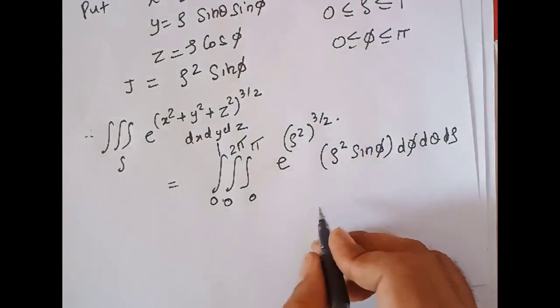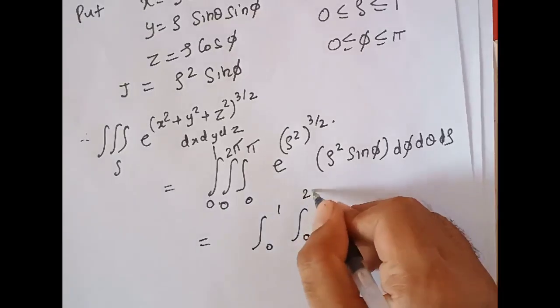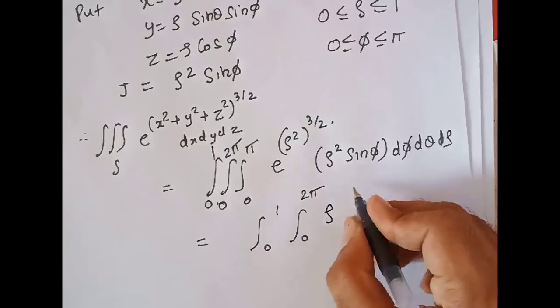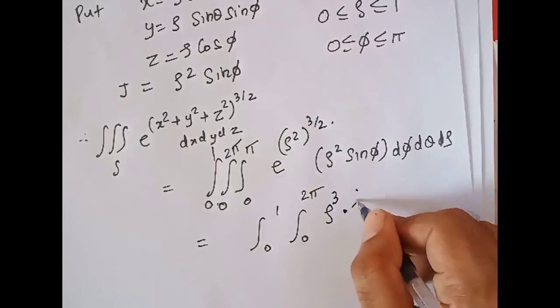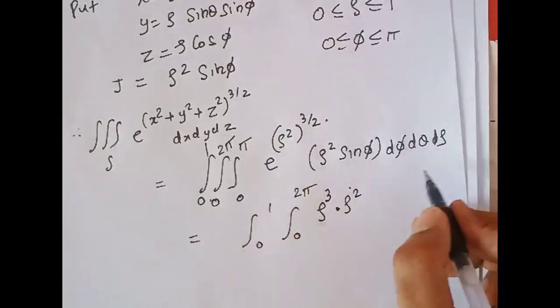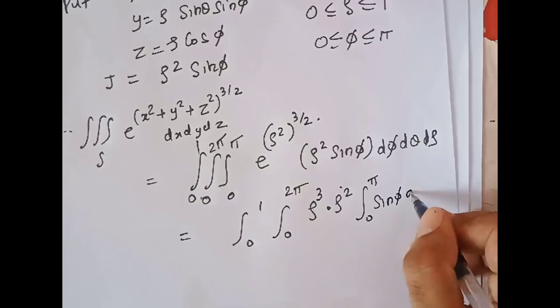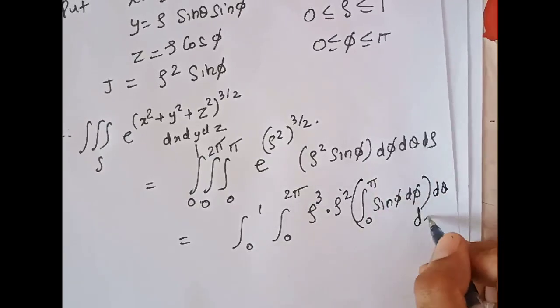Alright, so this is now equal to the integral 0 to 1, 0 to 2 pi, and the power law of indices will give you rho cube. Rho square is already there, and we will take this integral inside, 0 to pi sine phi d phi, and outside we have d theta d rho.